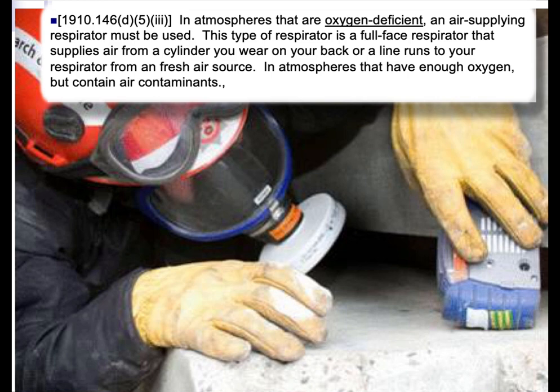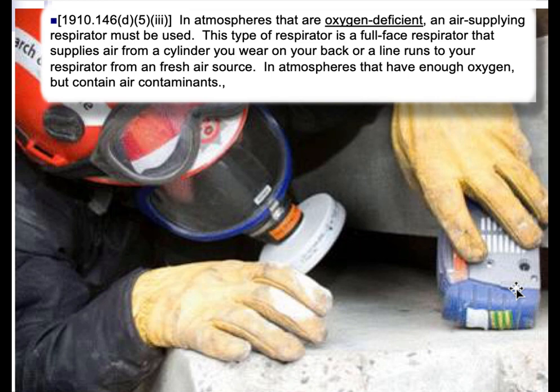In atmospheres that have enough oxygen but contain contaminants, an air purifying respirator or a cartridge respirator could be worn. So if there's not enough oxygen, you have to wear an SCBA, which is very much like what a scuba diver wears, but we take out the U for underwater, and we don't wear it underwater, and it supplies us with fresh air.